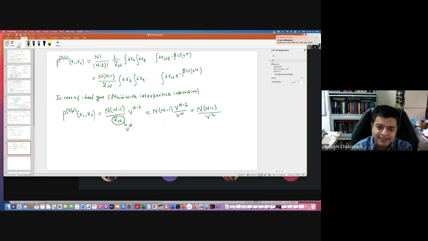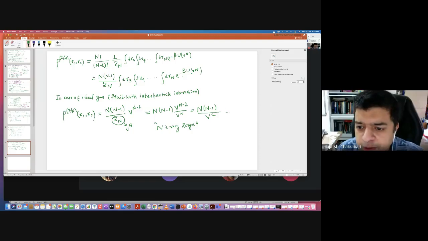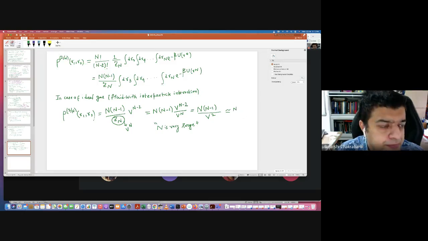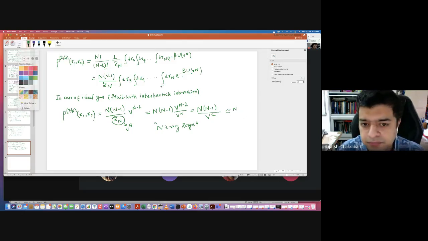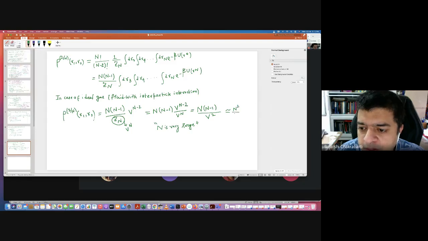Okay, and since n is very large, then what should I do? N square by V square. Basically, this will become n square by V, sorry, this is actually equal to n square by V square.